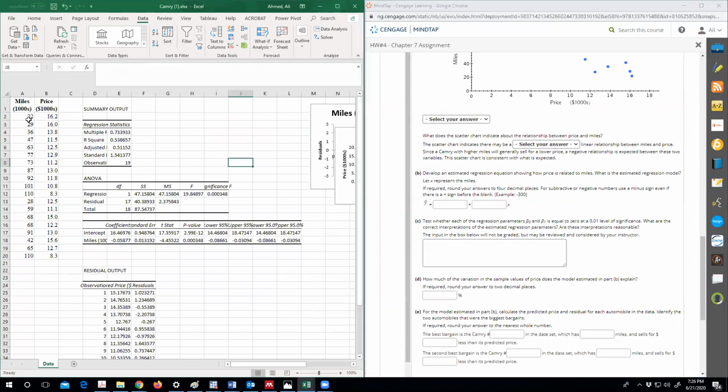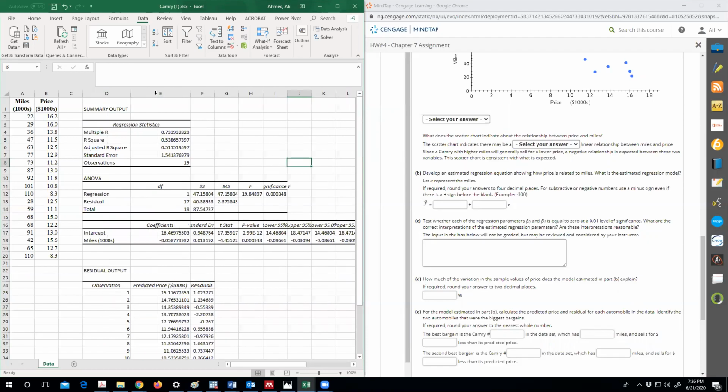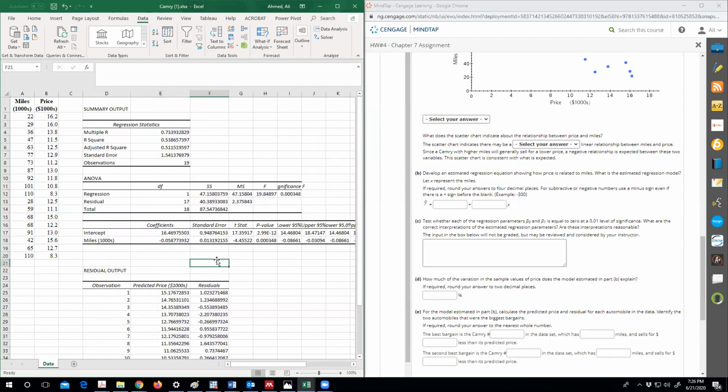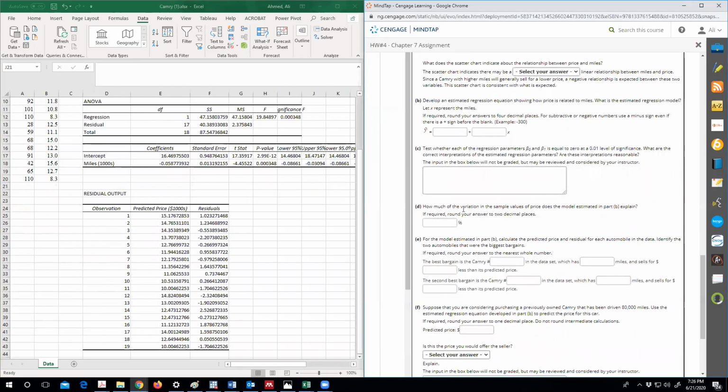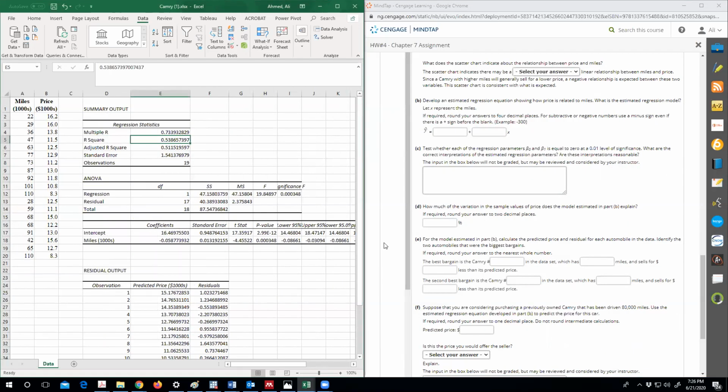So I use this miles and I can see these are my estimates or coefficients. We can plug in these values here, and we'll get this. And then we can talk about how much variation. The variation will come from here, 54% or something, 53.8.